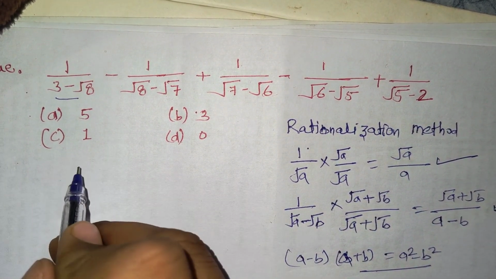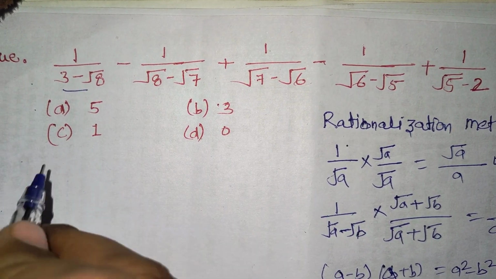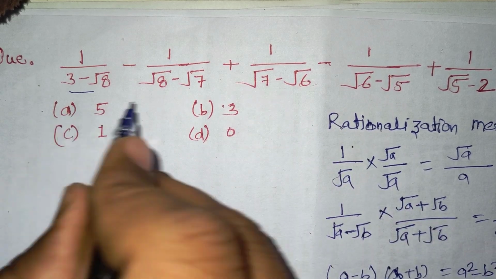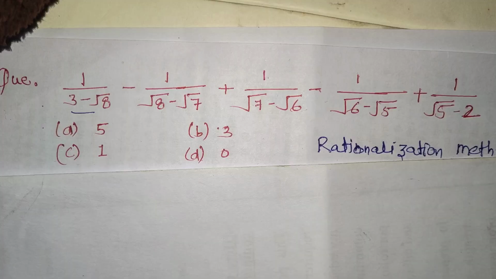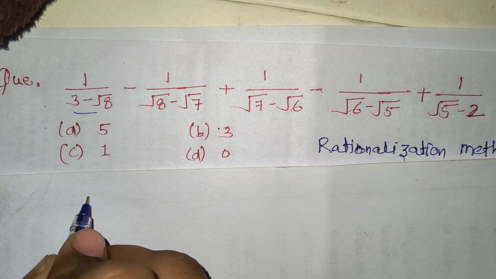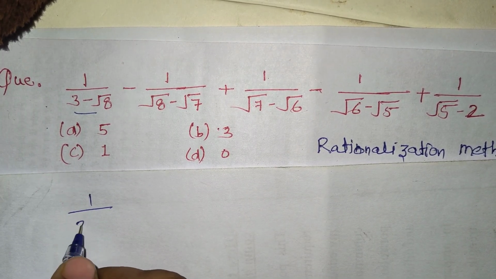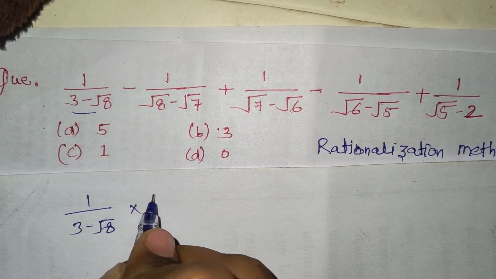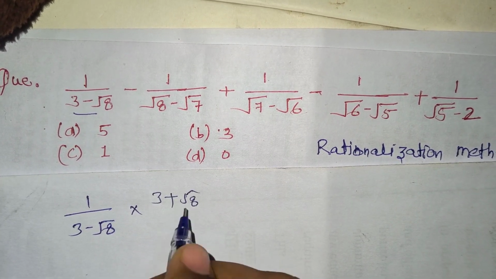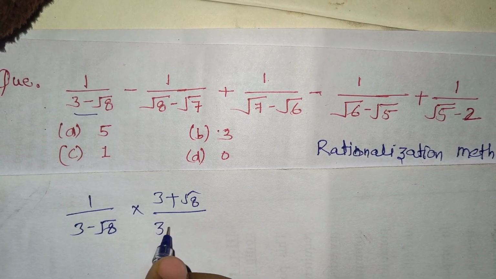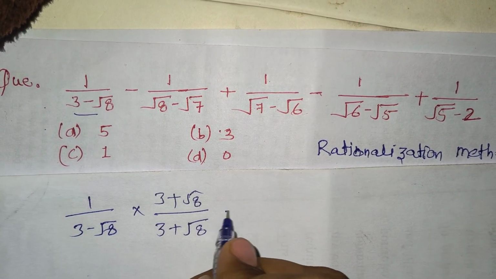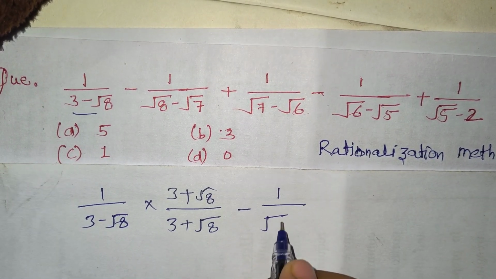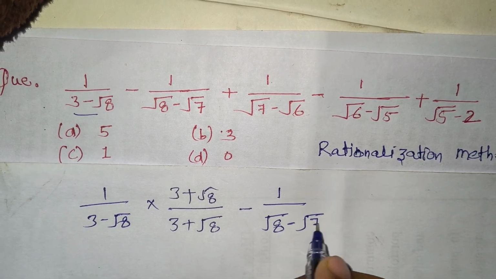Use this equation, we can rationalize this problem. Then 1 upon 3 minus root 8, multiply 3 plus root 8 in numerator and denominator both sides, minus 1 upon root 8 minus root 7 given here.